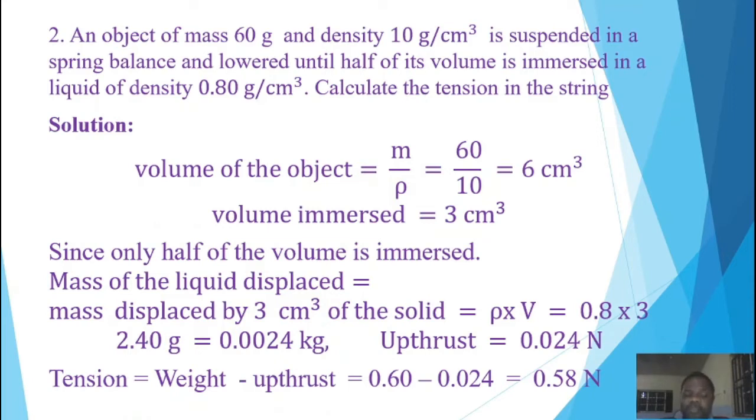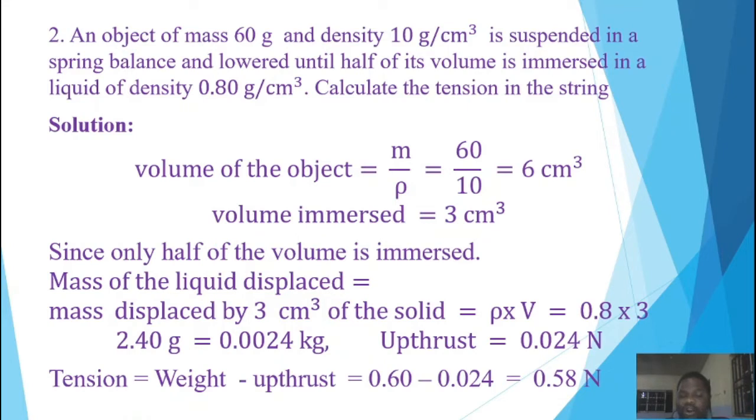So that means the mass of the liquid displaced will be the mass of 3 centimeter cube of the liquid, which is the density of the liquid multiplied by the volume displaced, which is 0.8 multiplied by 3. We get 2.40 gram, which will now give us 0.0024 kilogram.